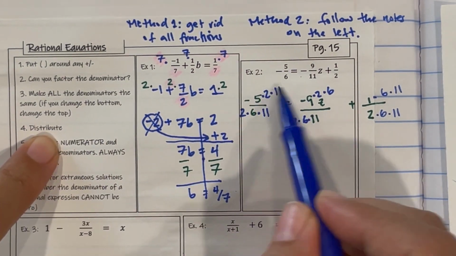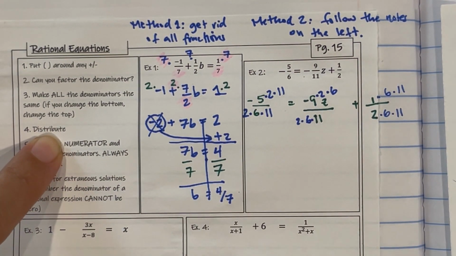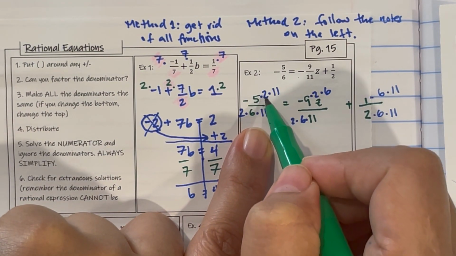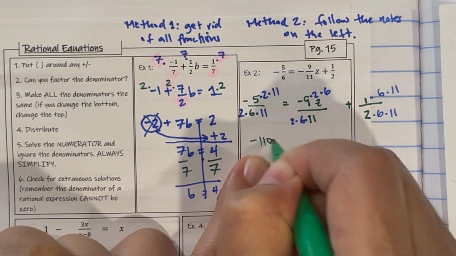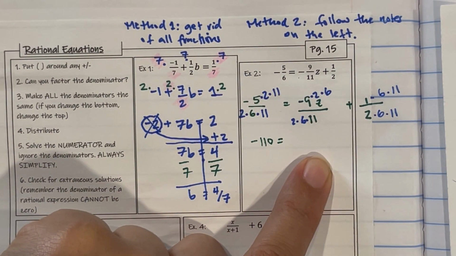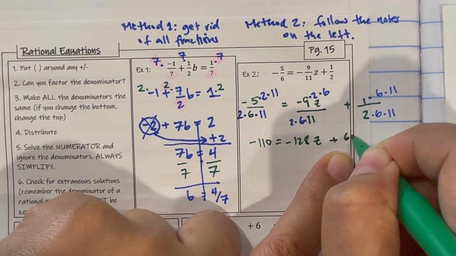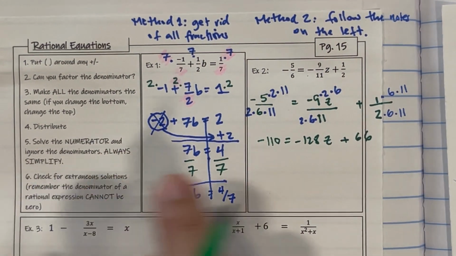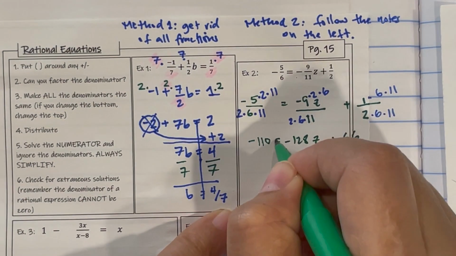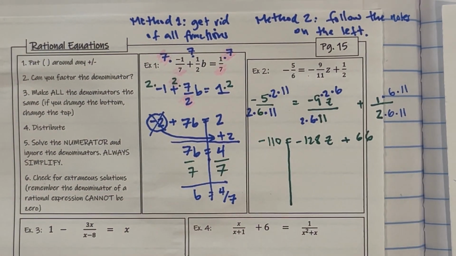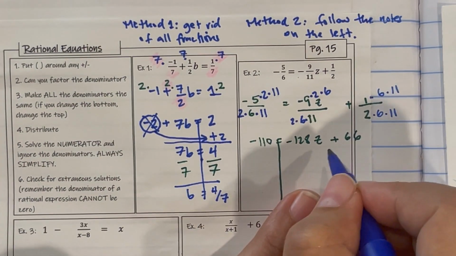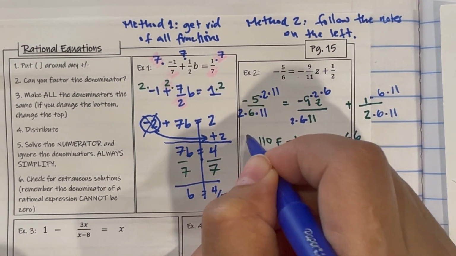Now, once the denominators are the same, you're going to go ahead and distribute, but because this is not expressions, you're just multiplying it out. Negative 5 times 2 times 11 is going to give you negative 110. This is a listening check. It's negative 108z, negative 108z. Okay. Now we have a two-step equation. So we're going to take negative 108z to the other side. The negative is going to become a positive.